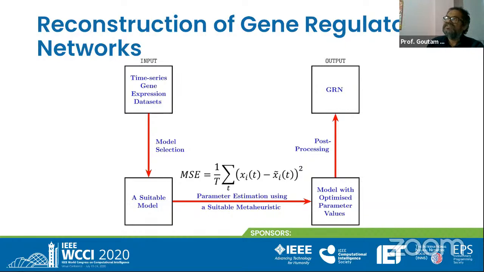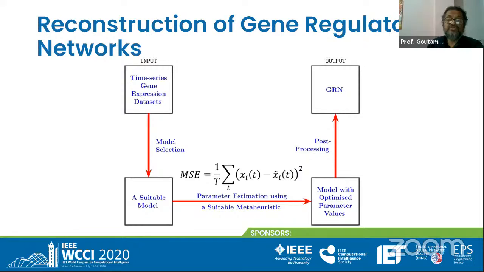If one network consists of 20 genes, there will be 20 coupled equations. So it will be very difficult to use normal mathematical tools for finding the exact parameters.